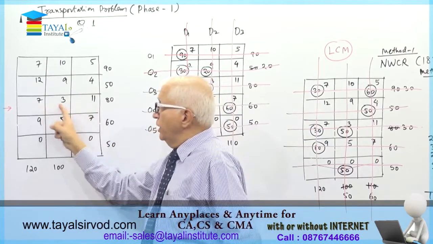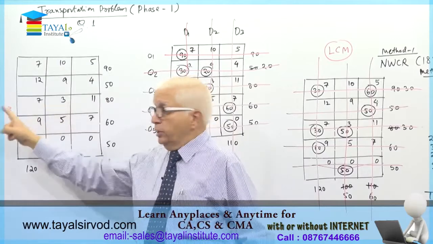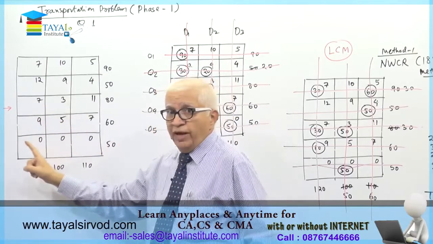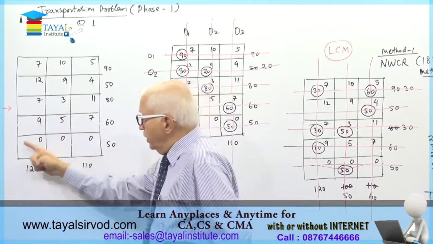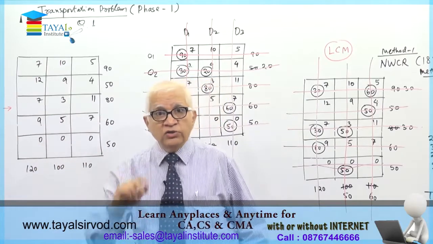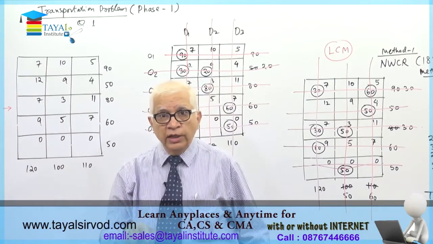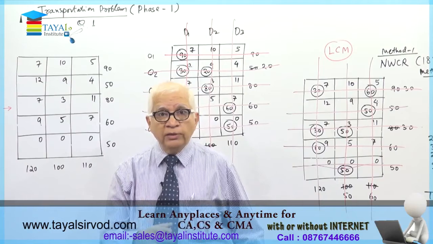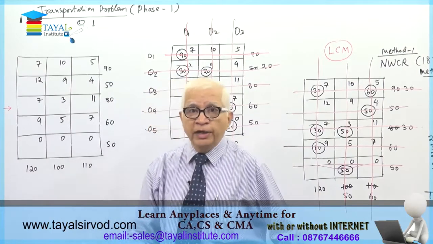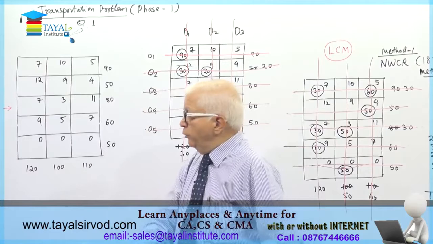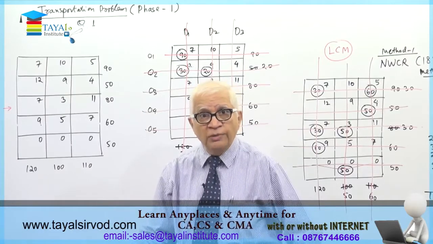Penalty for row number 3, as I said, is 4. Row number 4: 9 and 5, that means 4 again. What is the penalty for row number 5? All the costs are 0, so lowest is 0 and next lowest is also 0. So 0 minus 0, the penalty for row number 5 is 0. This way we calculate the penalty for each row, and similarly we calculate the penalty for each column as well.